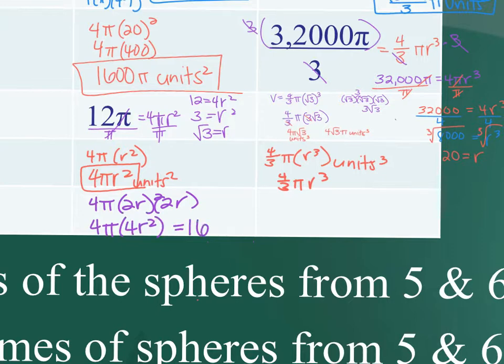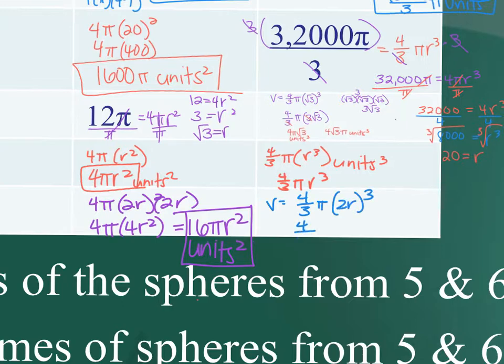And I get 16 pi r squared. Questions on that one? And then volume, 4/3 pi 2r cubed. 4/3 times pi, this is 2 times 2 times 2, which is 8, and r times r times r, which is r cubed.